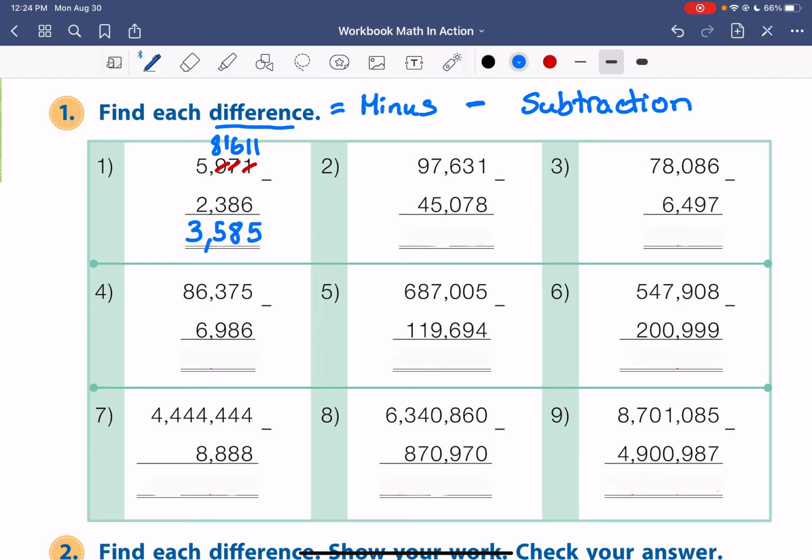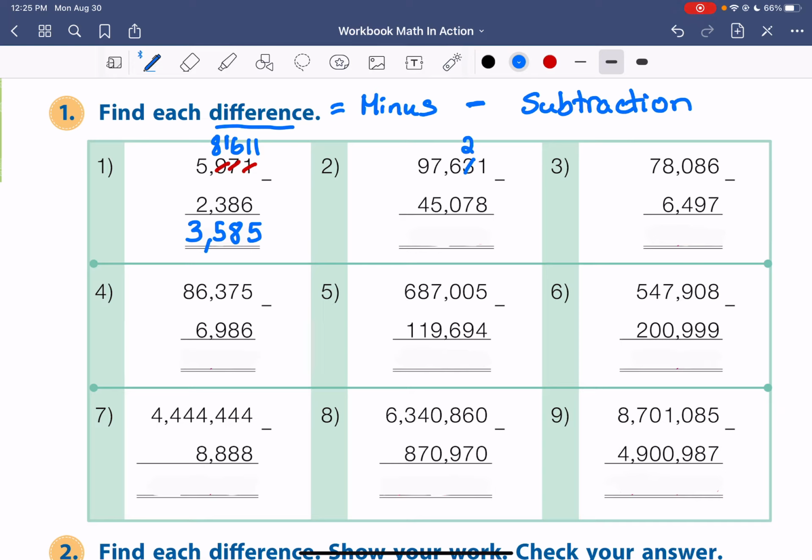Perfect. Number 2, we're going to borrow again. We have 97,631 minus 45,078. So 1 minus 8, is that doable? No, we can't. So we're going to borrow, right? This is going to become a 2.